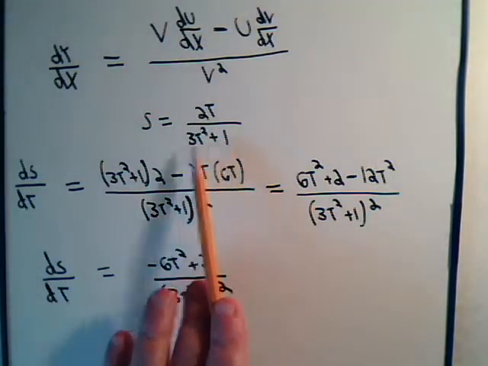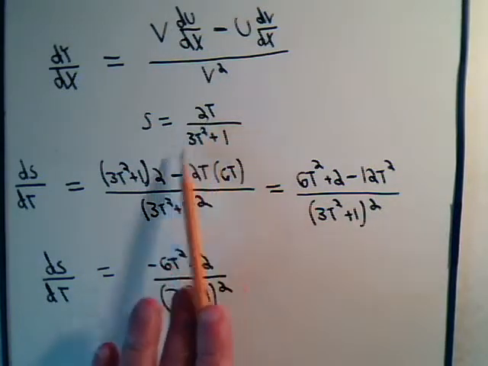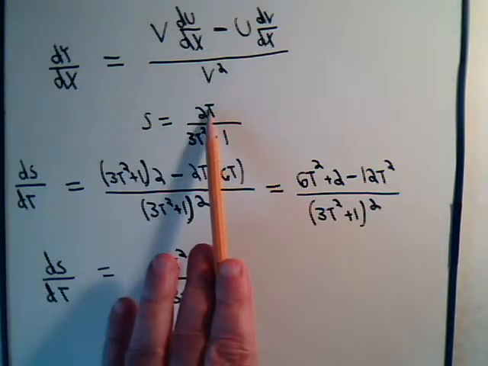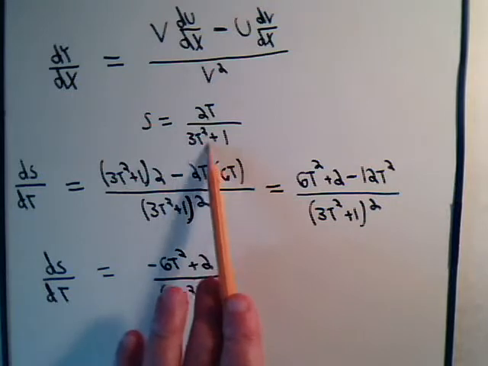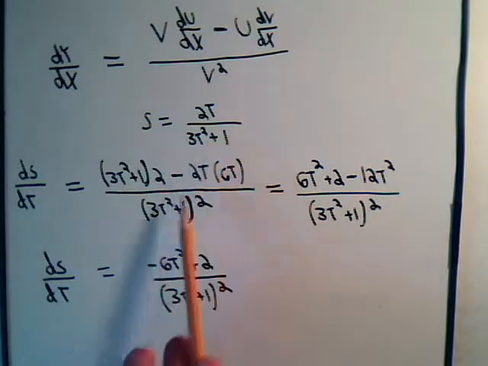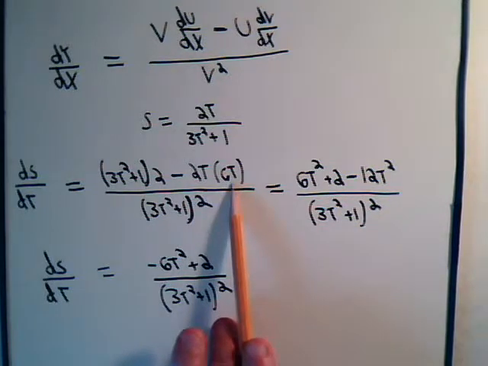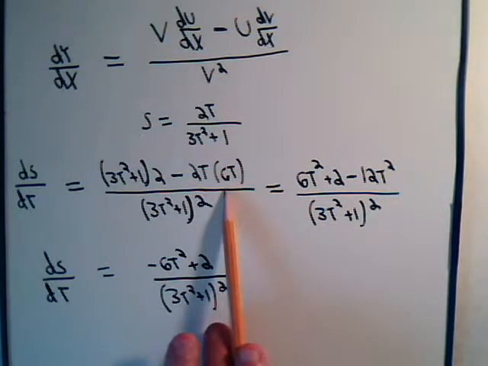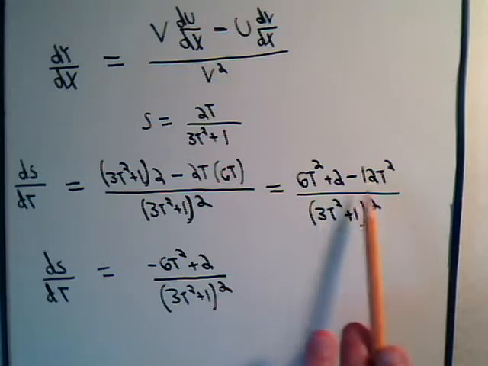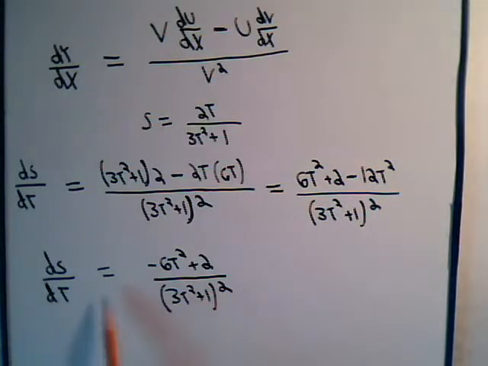We have this multiplied by this derivative minus this times this derivative divided by that squared. And as soon as we go through those steps right there, the calculus part of the problem is finished. After that, it was just a matter of doing some algebra, and we got the answer finally in this form. So that's it for that problem.